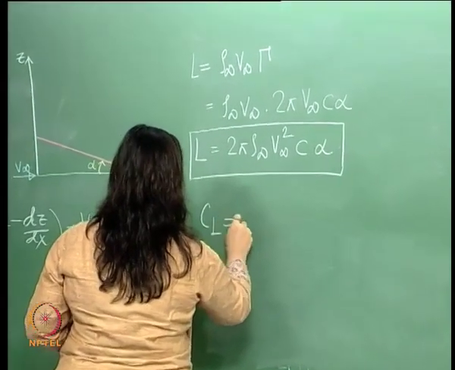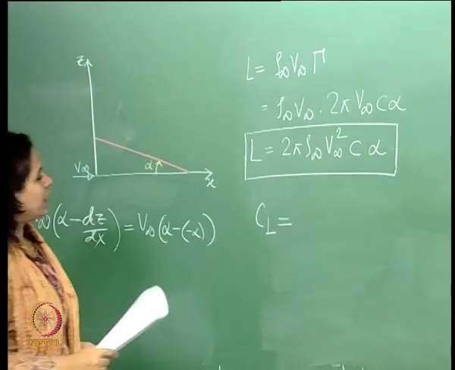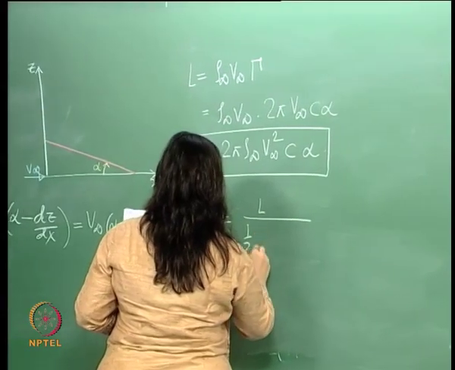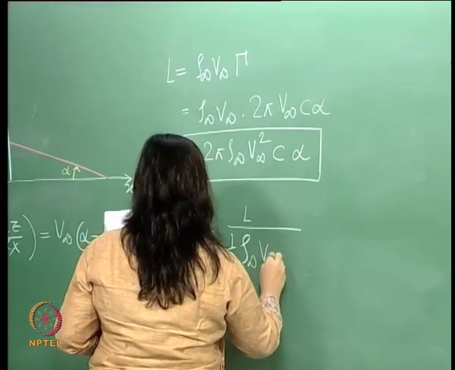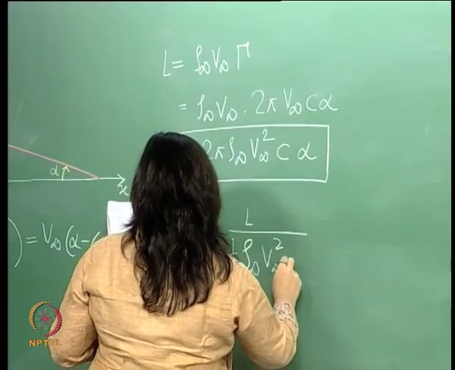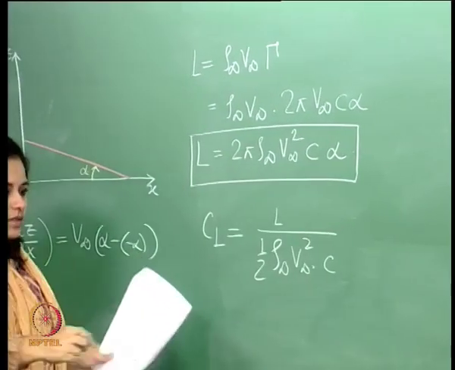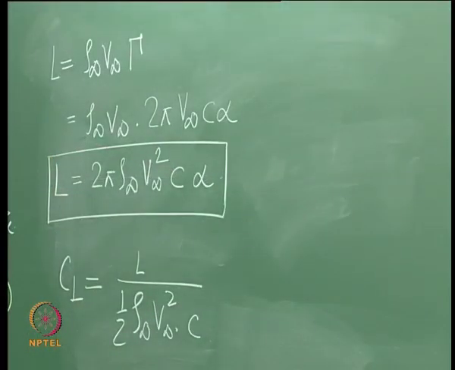Therefore, CL becomes lift divided by half rho infinity v infinity square into, well, in this particular case it is a 2D airfoil, so it is just c, unit span.